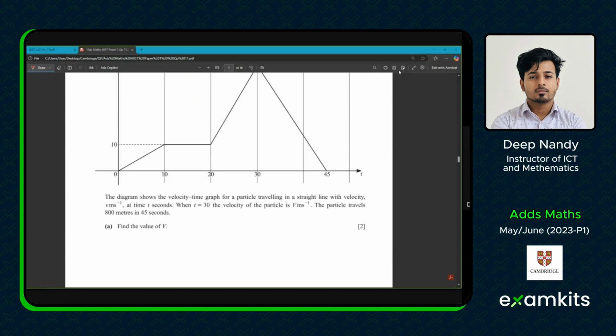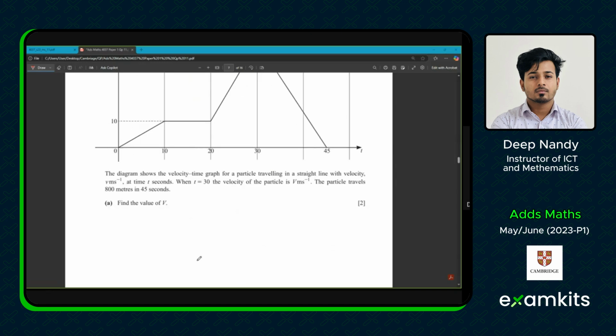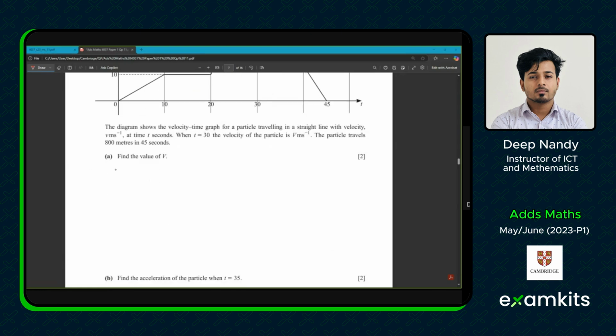So for the value of v, as this is a velocity time graph, we're going to first find the area under the graph. The area under the graph equals 800.